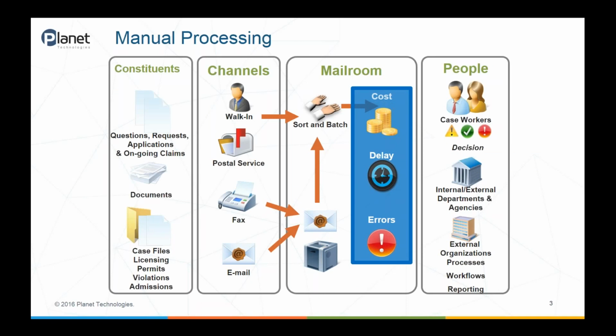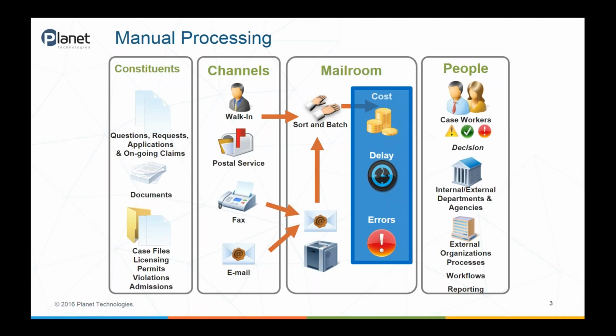So today, many of our customers dealing with citizen services and constituent services are not as automated as they want to be, and many of their processes are manual. In this slide, constituents are coming to their government with questions, applications, documents, cases, licensing applications, and permit applications.